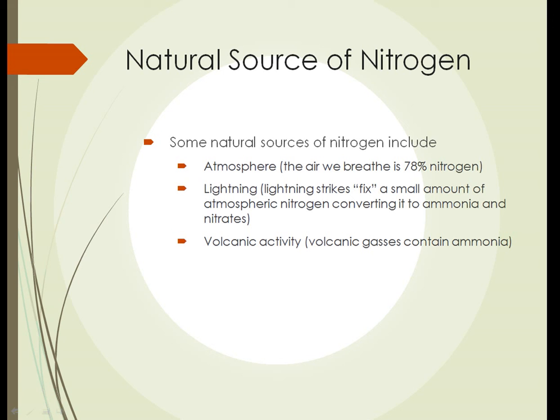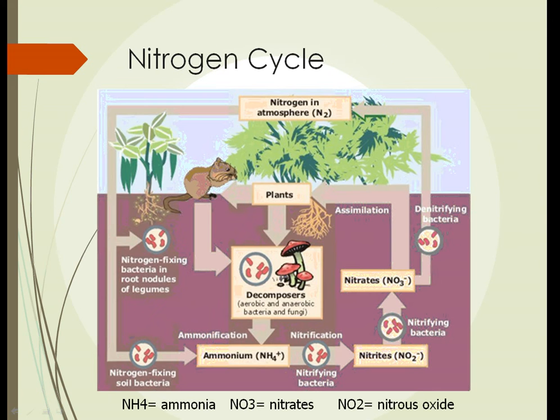That falls to the ground and is available for use by plants. Volcanic activity is another natural source because volcanic gases contain ammonia. In addition, nitrogen can be fixed in the soil by bacteria that don't necessarily live in legumes, and we'll take a look at the nitrogen cycle.